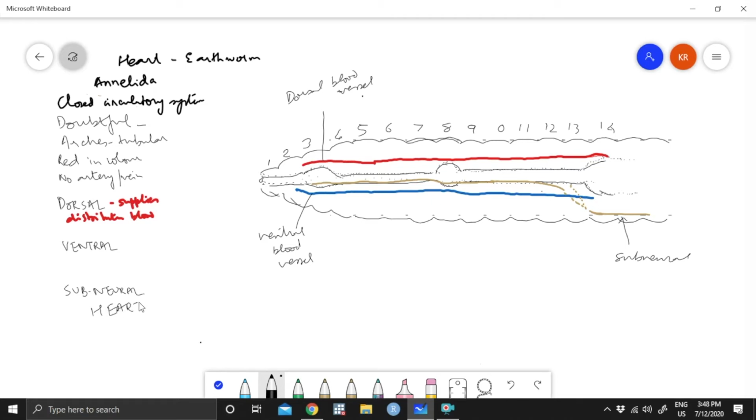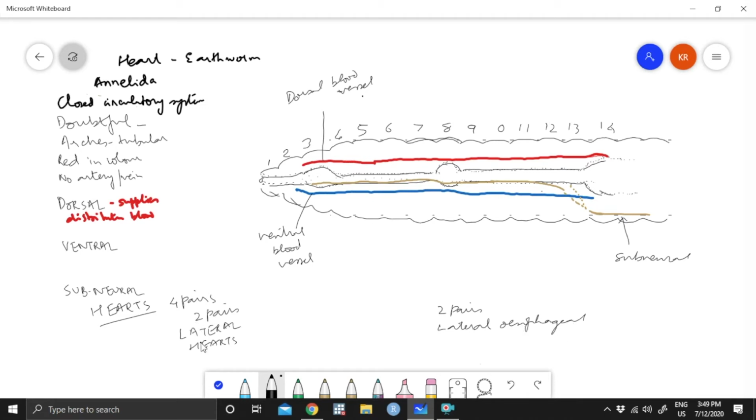So hearts, total 4 pairs. 4 pairs of heart. Okay. Of these, 2 pairs are called lateral hearts, and 2 pairs are called lateral esophageal hearts.